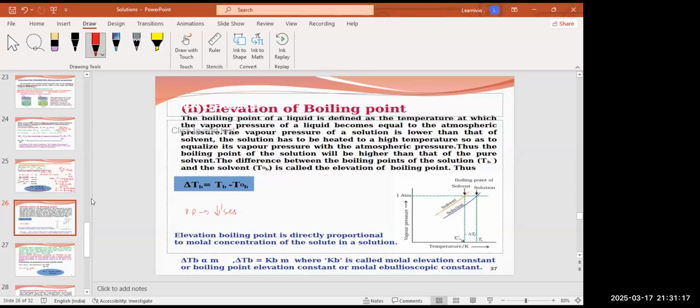And to make it boil, we have to increase the vapor pressure to atmospheric pressure by raising the temperature. This difference in boiling point is known as elevation in boiling point, which is denoted by delta TB. Clear?